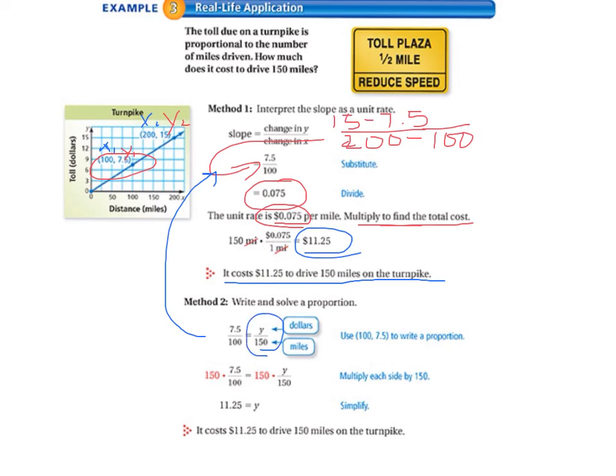So that's the part we don't know on the right. So we multiply each side by 150 to make our y be by itself, and when we do that, we simplify, and it's $11.25 equals y. So it costs $11.25 to drive 150 miles on the turnpike.